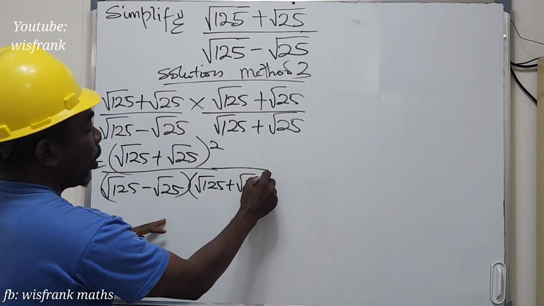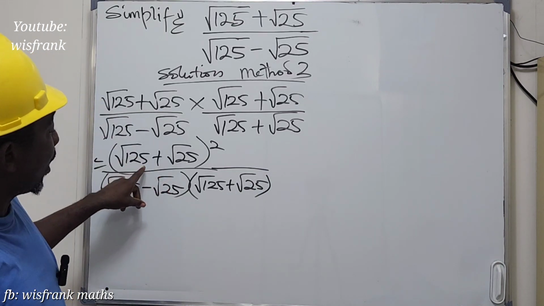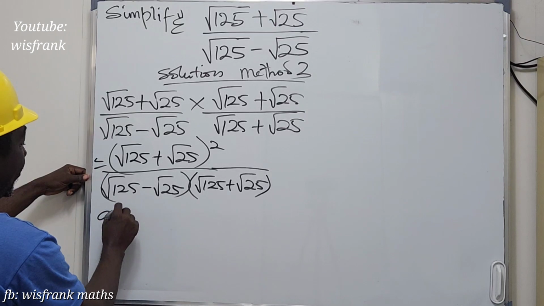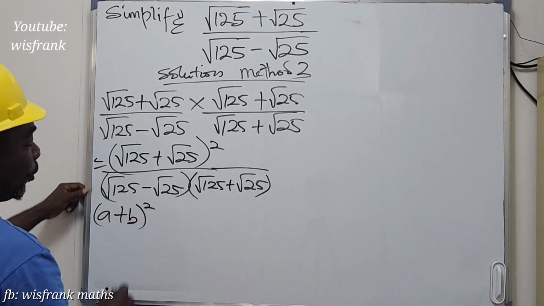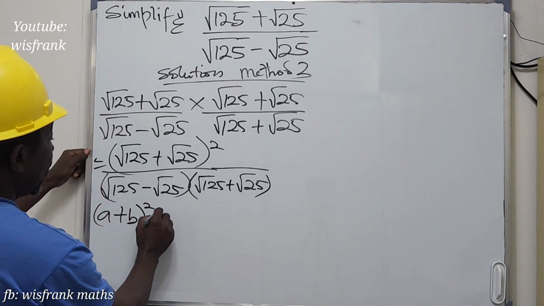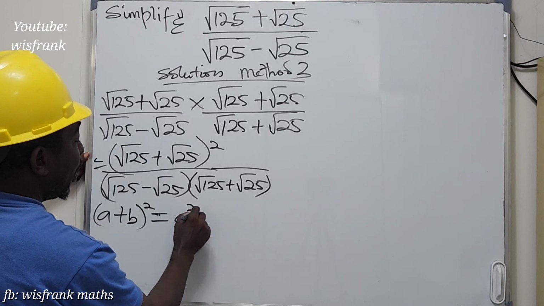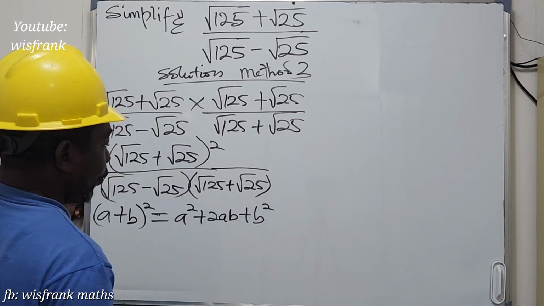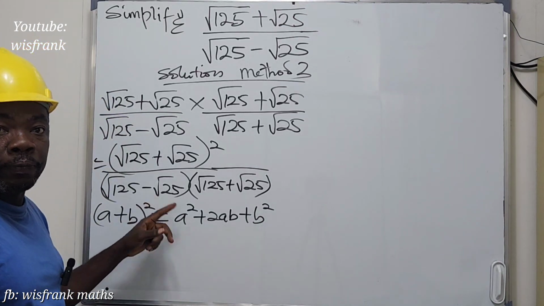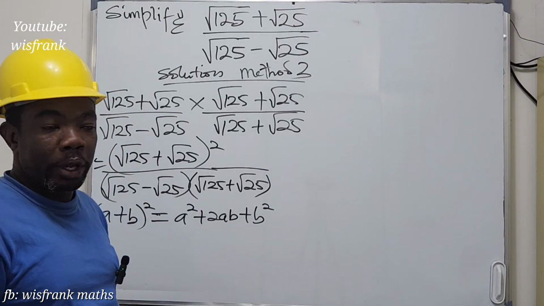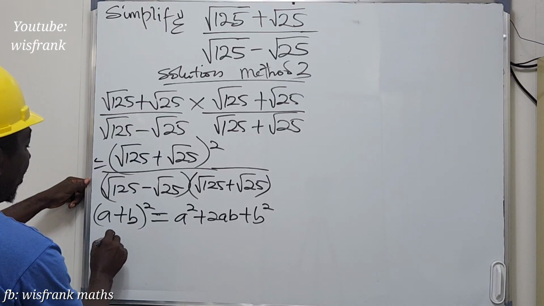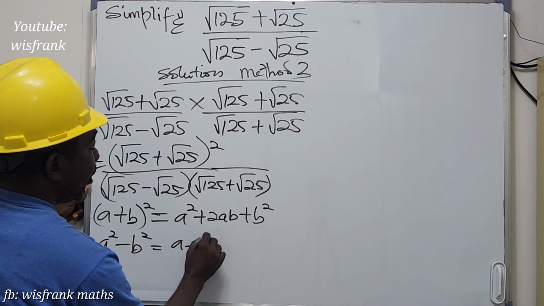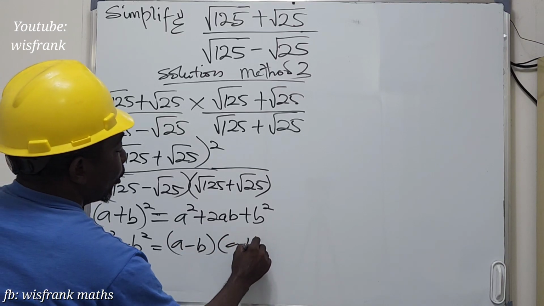So this is what we have now. For the numerator, it is in the form a plus b all to the power of 2, which equals a to the power of 2 plus 2ab plus b to the power of 2. The denominator is a difference of two squares, where a to the power of 2 minus b to the power of 2 equals a minus b into a plus b.